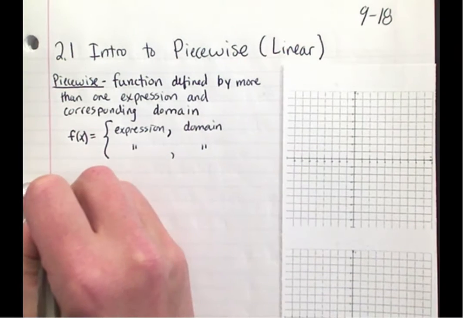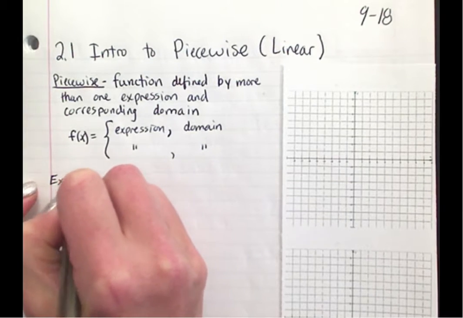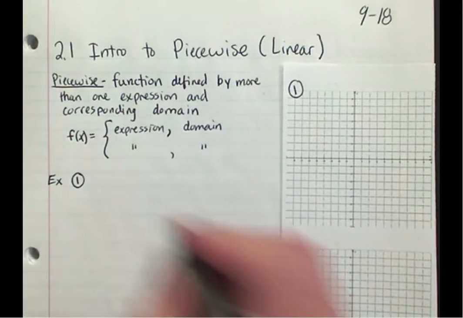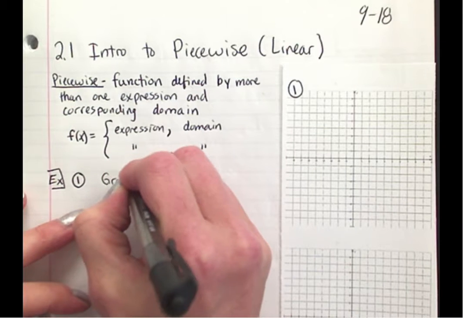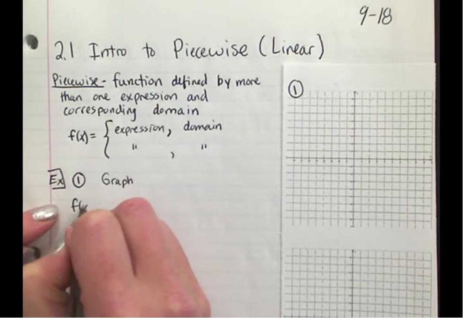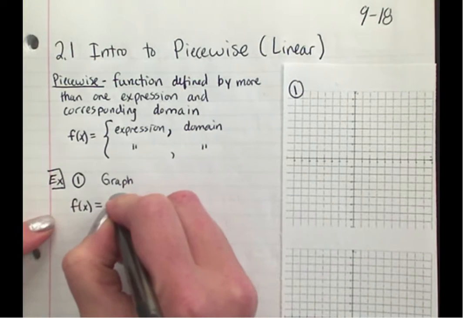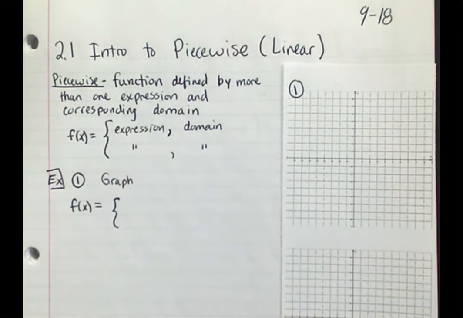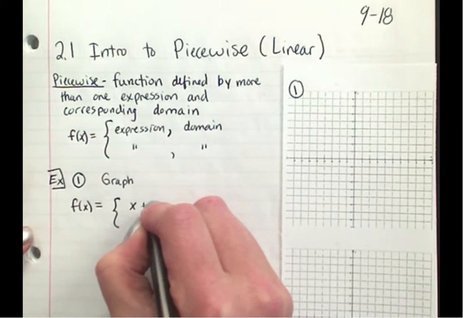All right, we're going to do it by examples. We'll just graph it right up here. So we're going to graph f of x equals, so there's my function notation, and it's going to have two rows, two high. We'll do x plus 6.